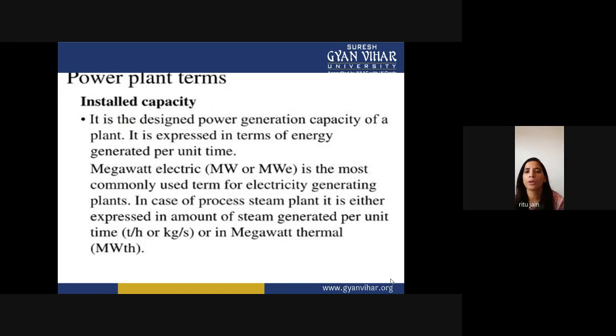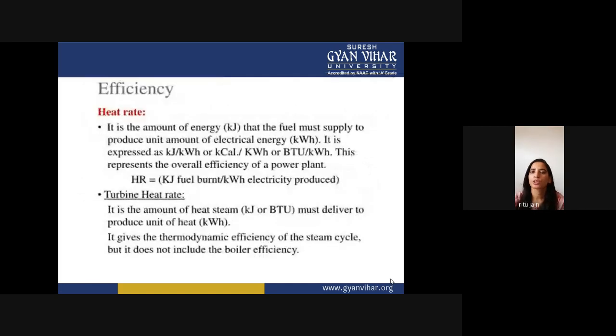This is all about installed capacity, which is generally in megawatt, or if you want to express it in steam, you can use kilogram per second or megawatt thermal. So this is your power plant capacity or installed capacity.